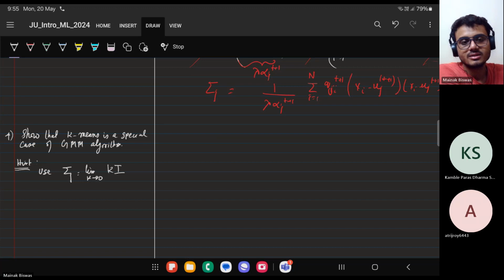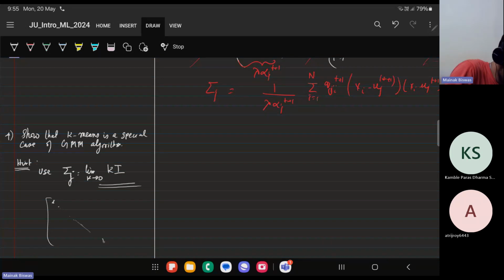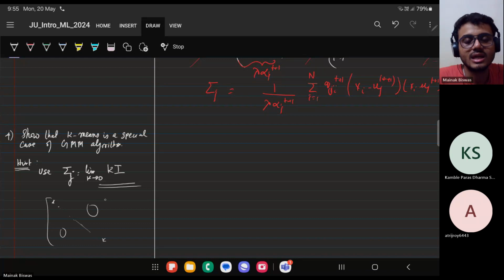So the k-means is a special case of the GMM algorithm. If you take the sigma j's to be a constant k times the identity matrix, with k very close to 0 and everything else 0, then you will get the k-means algorithm.